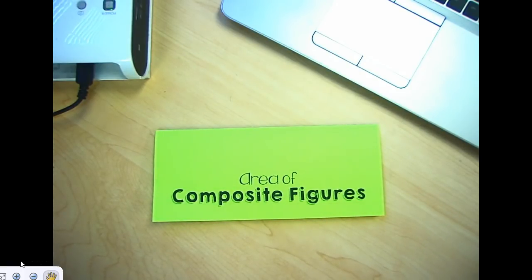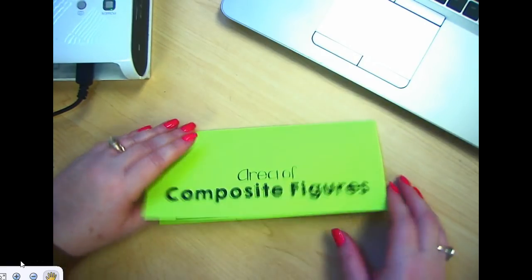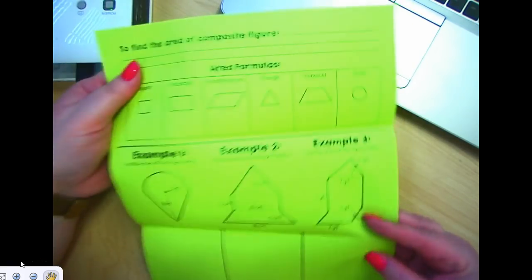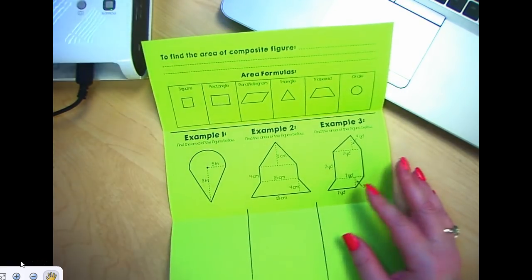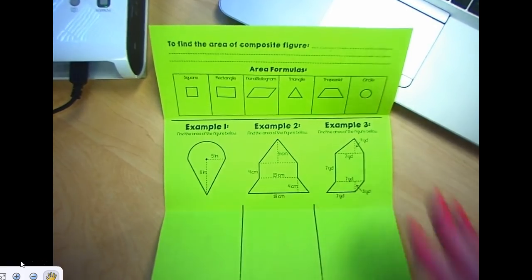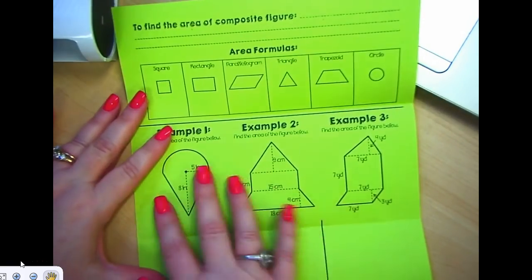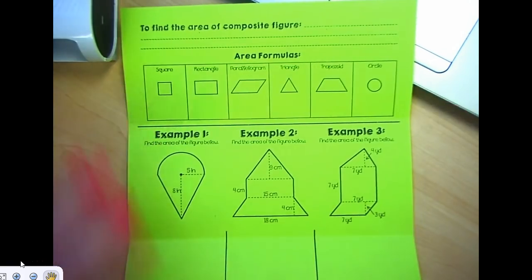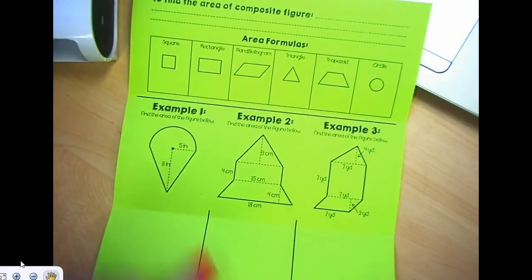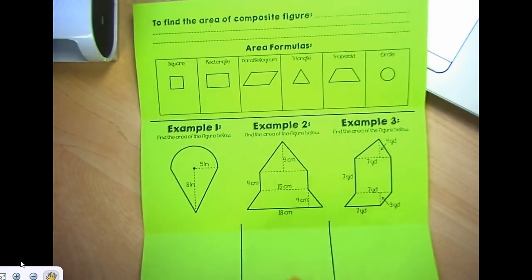Does anybody remember what that means from 6th grade? Area of composite figures. Well, let's look inside. Let's do a little thinking. Looking at these examples, what do you think area of composite figures means? Look at these 3 different examples.